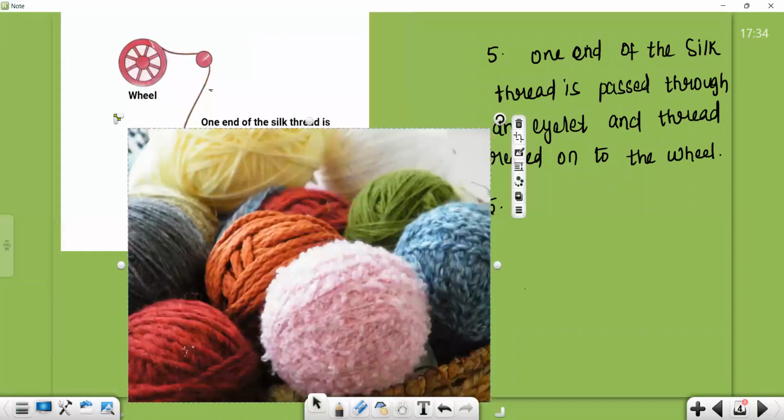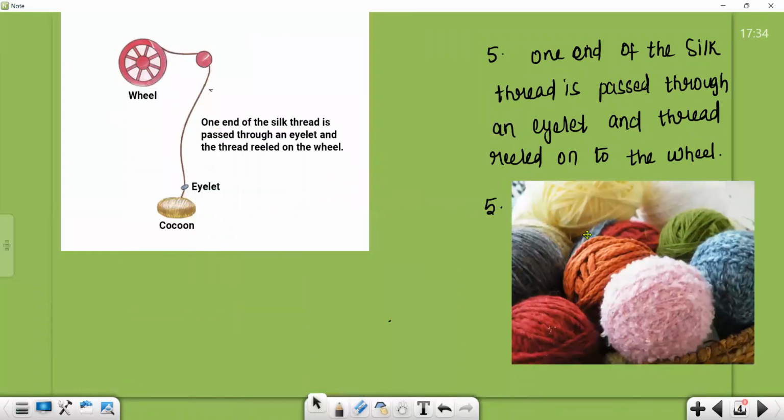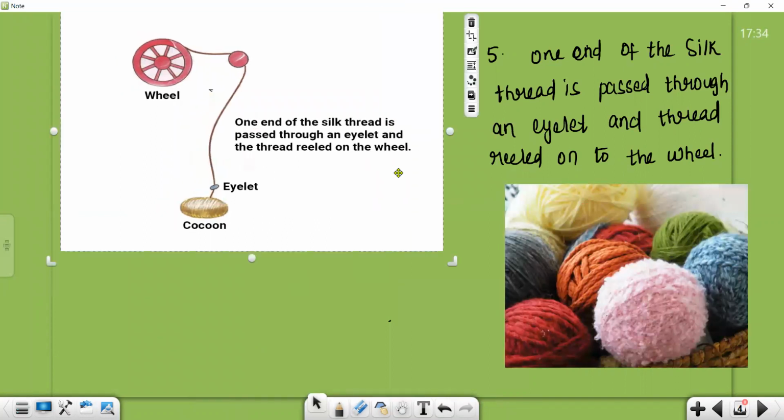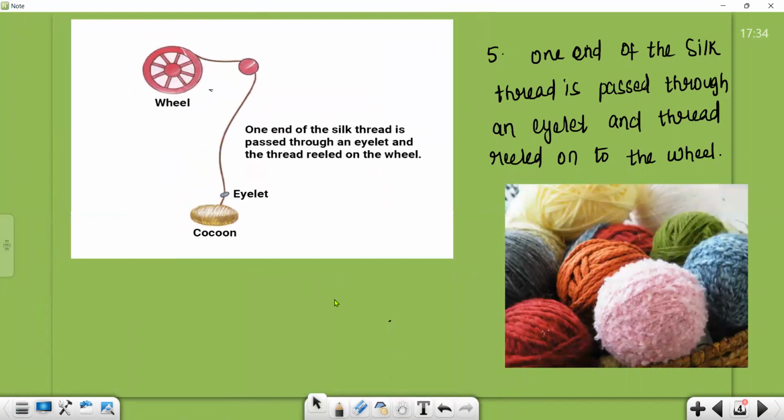Can you see how they are rolled into yarn? Yes? This process is called making yarn.